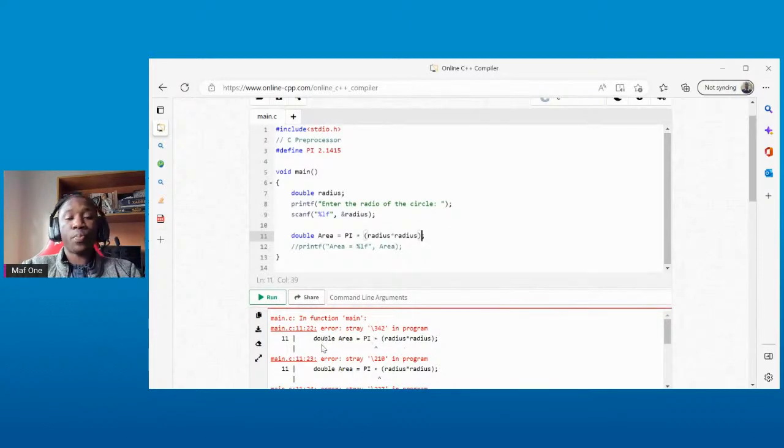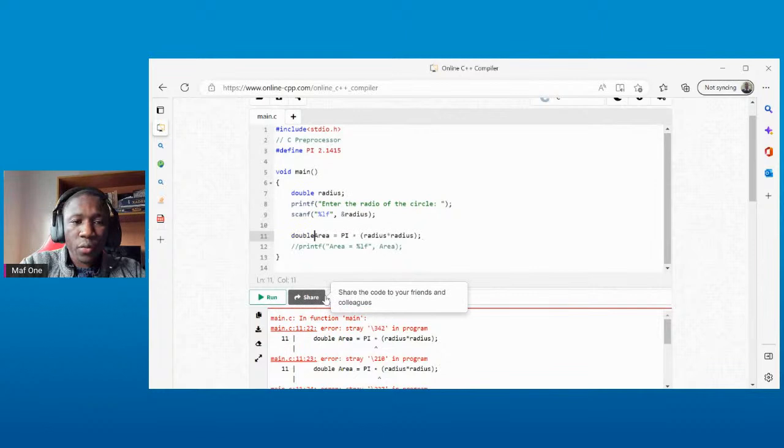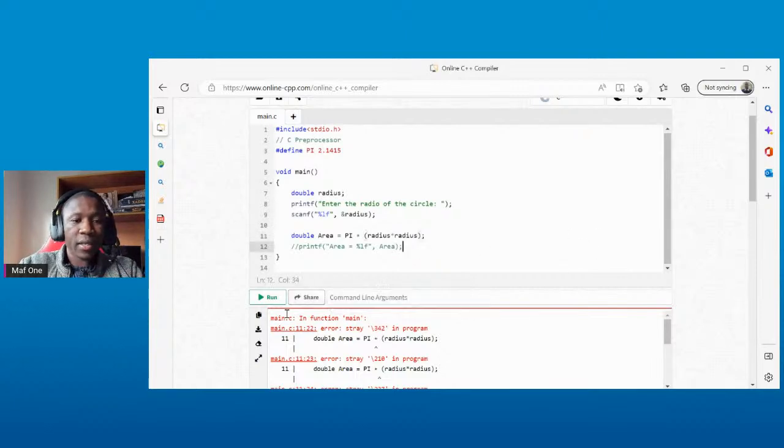Since I have copied this code from the slide, there are some strange characters here that we need to delete. You are not seeing them because they are non-printable characters which have been put here somehow by mistake.